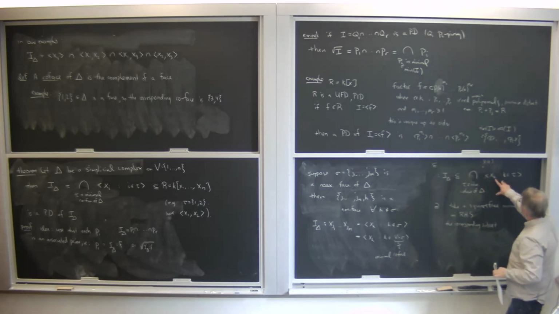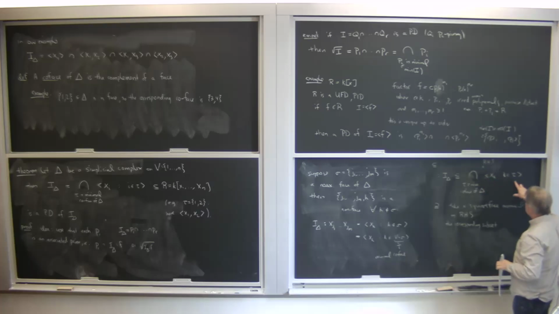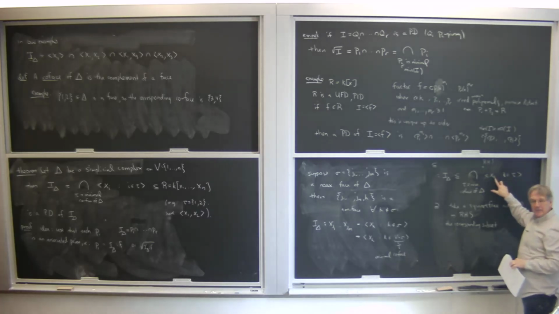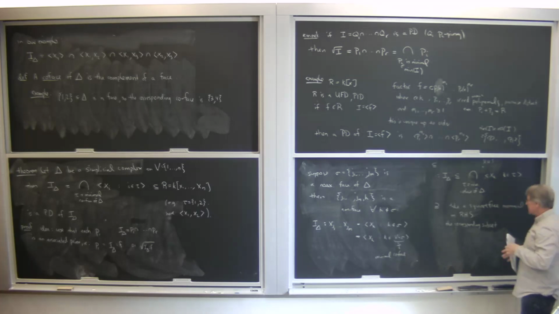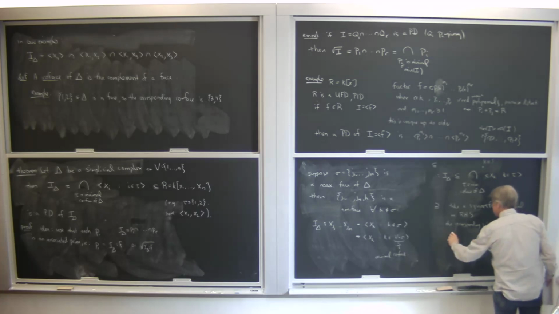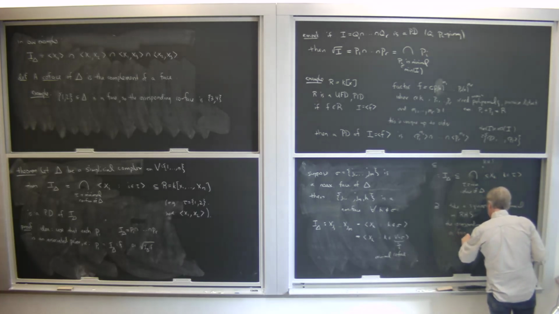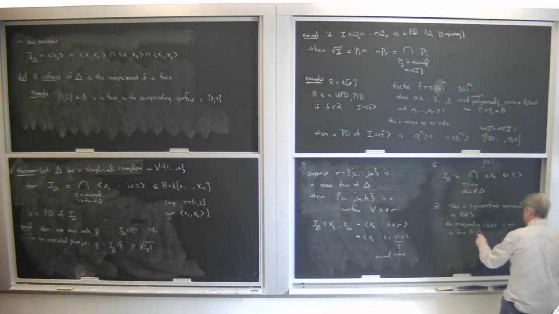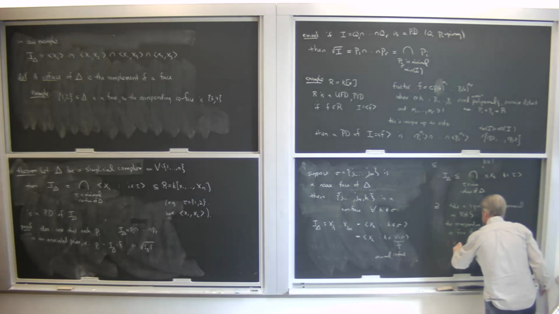If you think about it, if I take something that's in any one of these things, it has an element outside of every maximal face. So the corresponding subset is not a face of delta. The corresponding subset is not a face, therefore it is a coface.